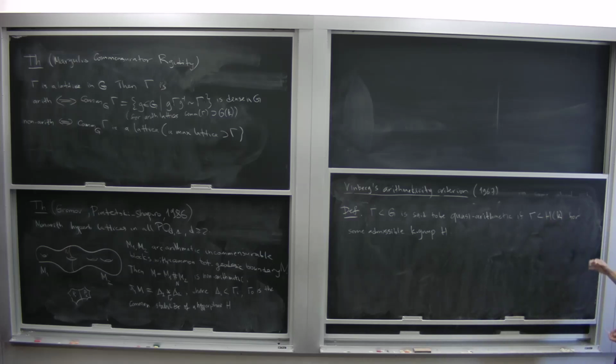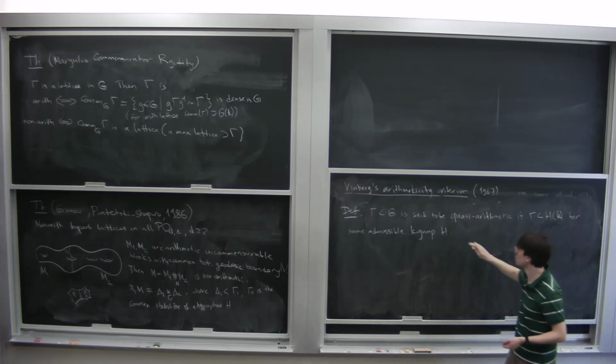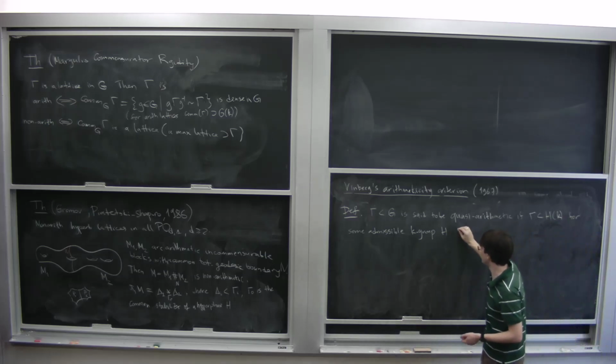But generally, this arithmetic lattice satisfies this definition of quasi-arithmeticity. So this class is wider, right?